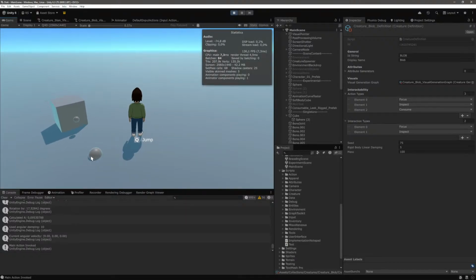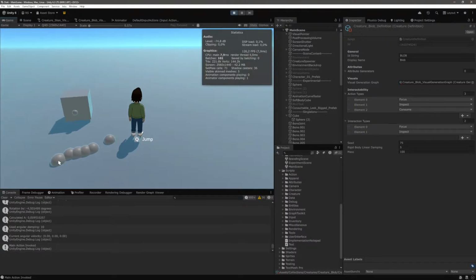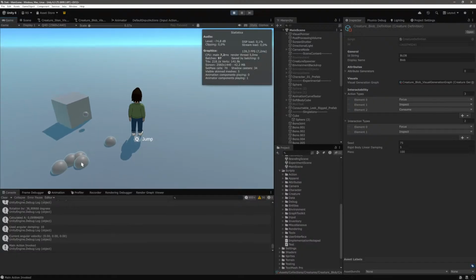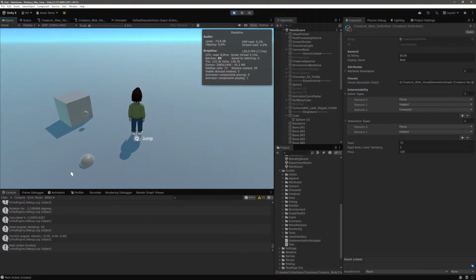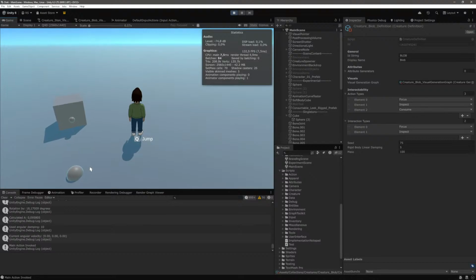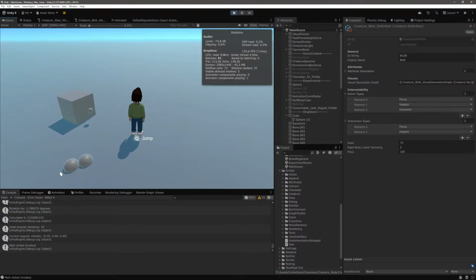17 degrees. Okay, what's up with this? If we do small jumps, -2 degrees gives us a very good big jump.